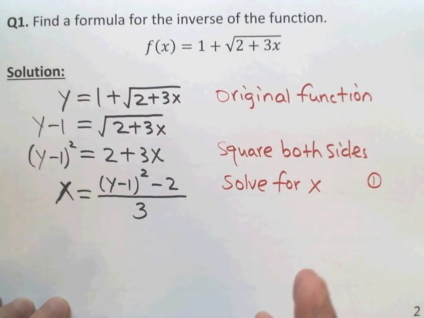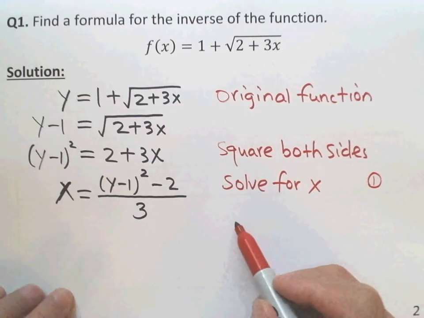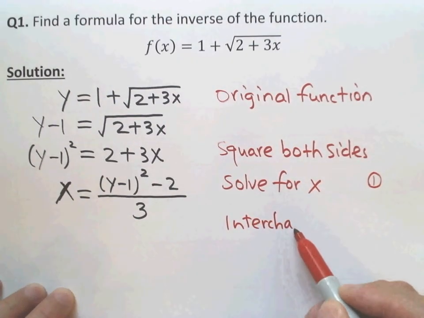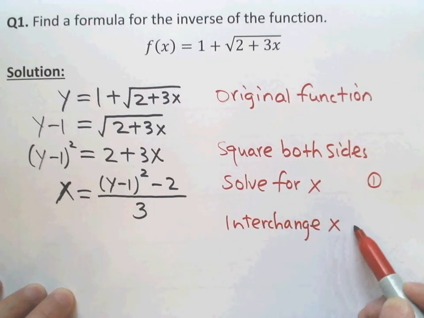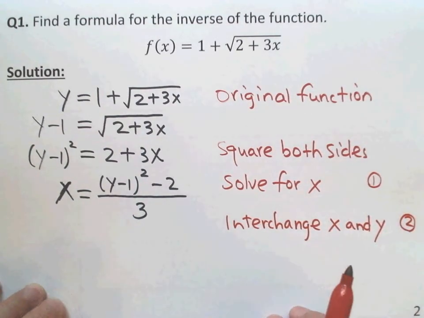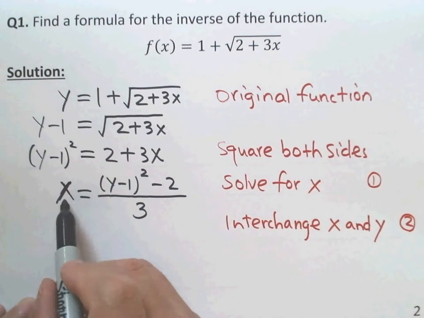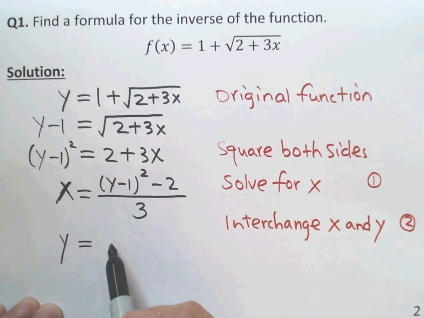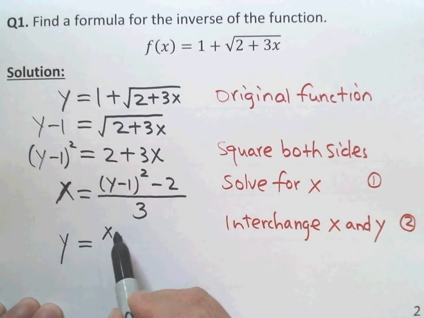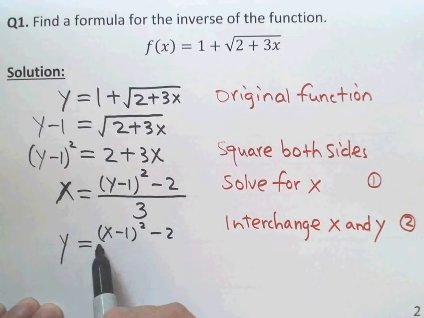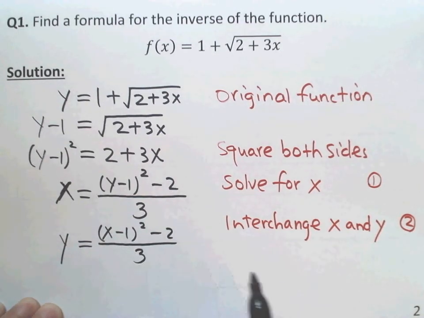The second step is to interchange x and y. Do you remember this? Of course, this is easy to do. Interchange, so x goes to y and y goes to x, which gives (x minus 1) squared minus 2, and then divided by 3.